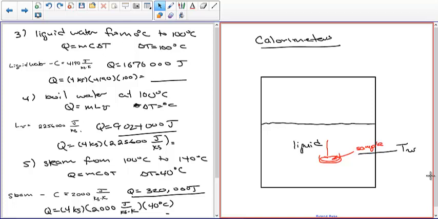And then you measure the temperature after they've reached equilibrium, and you can use that information to calculate the unknown specific heat for the particular substance.